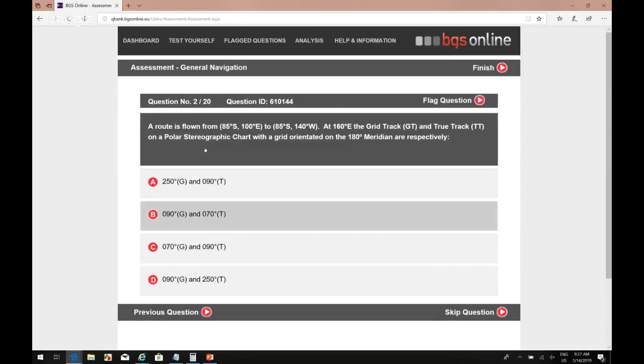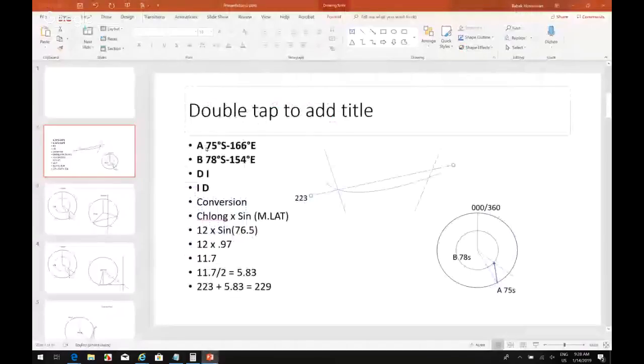Good. And the grid track, what's the grid track going to be? The grid track is going this way, like downwards. Well, that's the orientation of the meridian. So grid track would be something like 270.